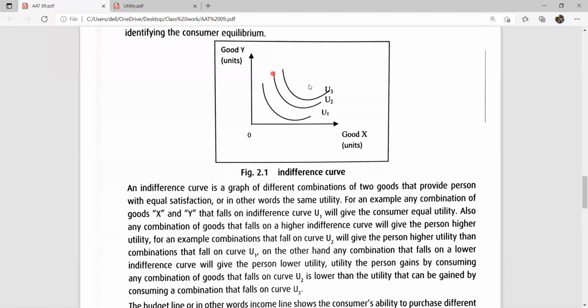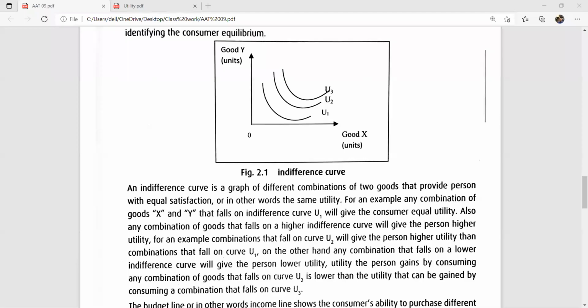Right. So then, an indifference curve is a graph of different combinations of two goods that provide a person with equal satisfaction, or in other words, the same utility. For example, any combination of goods X and goods Y that falls on the indifference curve, say U1, will give the consumer equal utility.